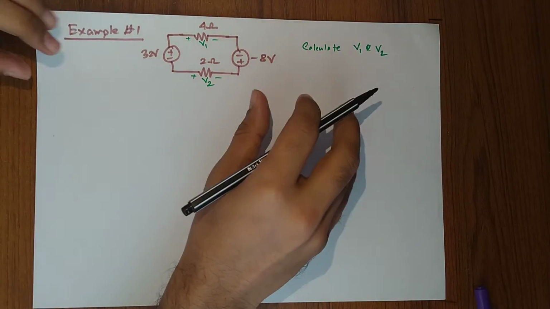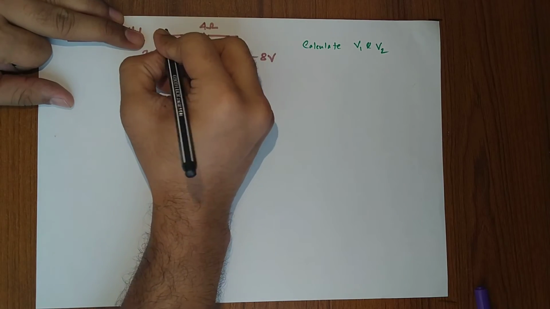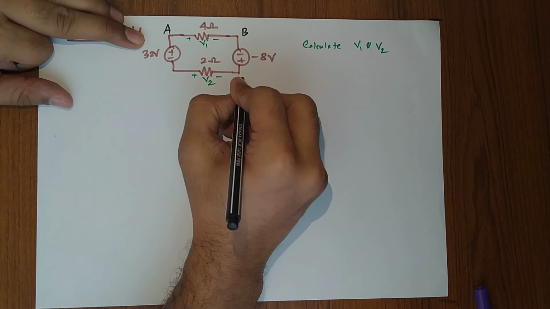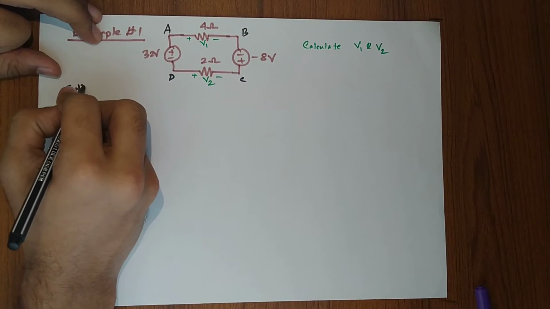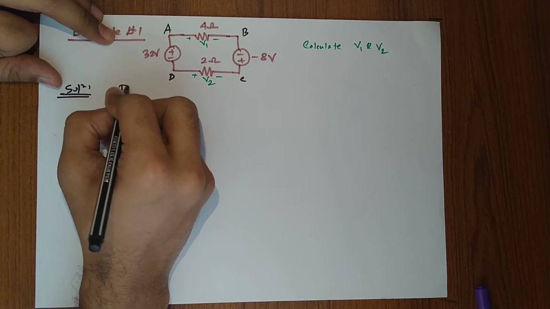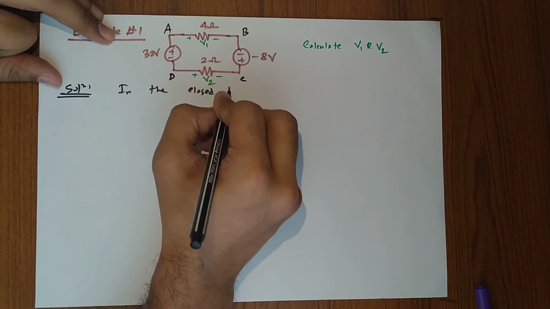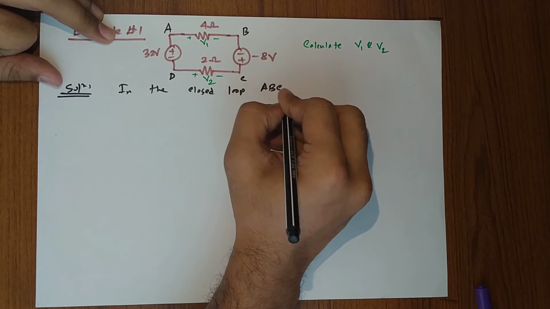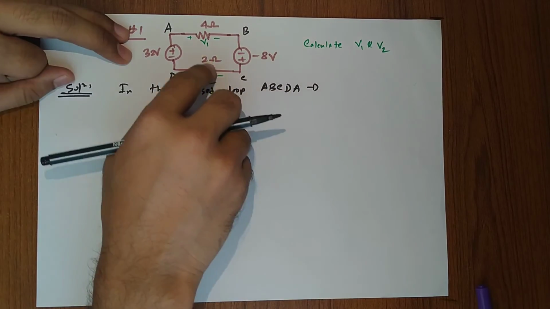Now, as you see, we are applying KVL here. We are starting from point A, this is point B, this is point C, this is point D. Okay, solution. In the closed loop A, B, C, D, A, what do we get?